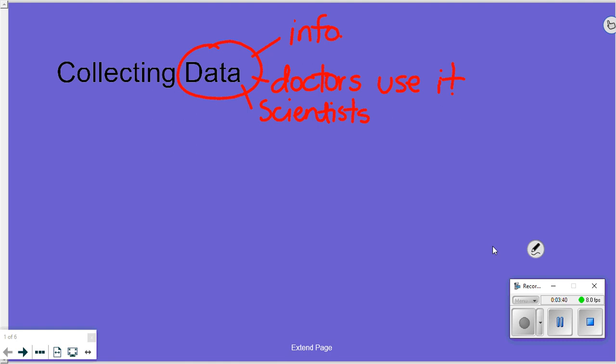Scientists definitely use it. A doctor is a scientist. It's just a specific type of scientist. Bryson, who else might be using it? Does it have to be who uses it or what you can use? Either or. You tell me what you're thinking. Like a calculator? A calculator is not going to use data, no.